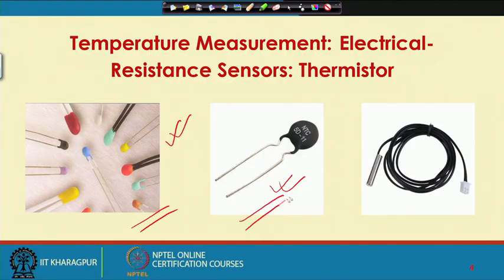So, they are known as negative temperature coefficient resistance element or negative temperature coefficient thermistor. So, that is NTC. PTC is also possible, positive temperature coefficient thermistor, but commonly we will have negative temperature coefficient thermistor.